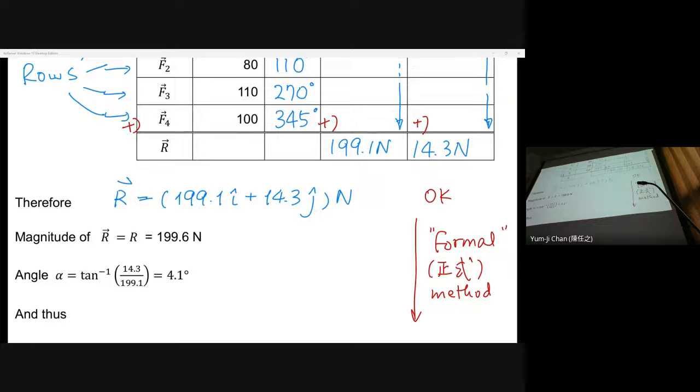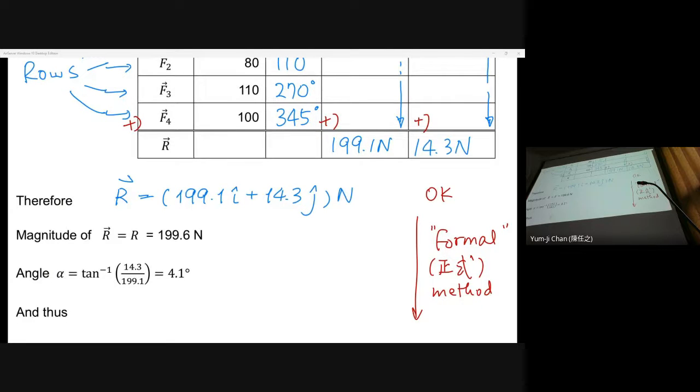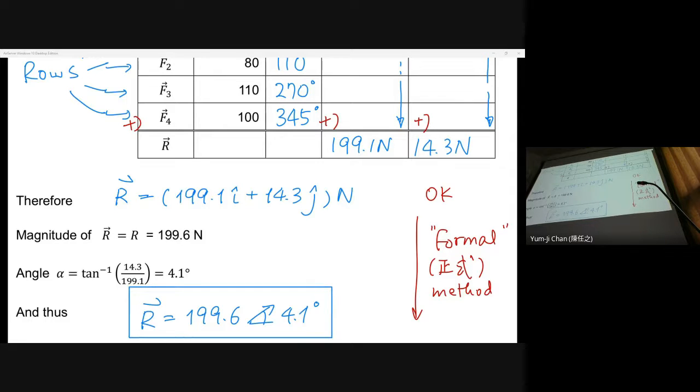So the answer would be R equals 199.6 at 4.1 degrees. Okay, this is the answer.